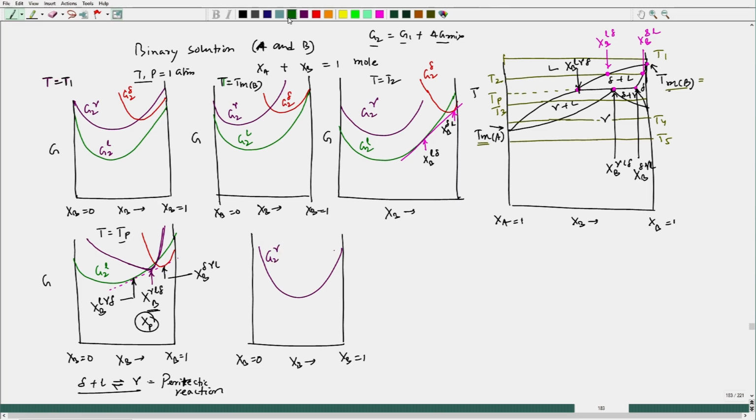We have delta on the right side, okay, and then we have liquid on the left side. Okay. So, this is G2 liquid, this is G2 delta. Okay. Now, I can see the common tangent now.